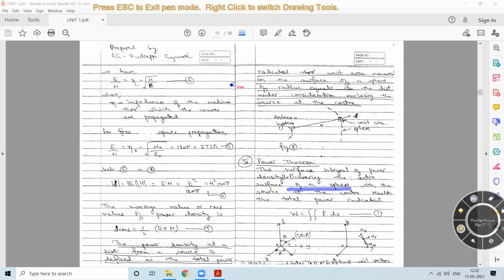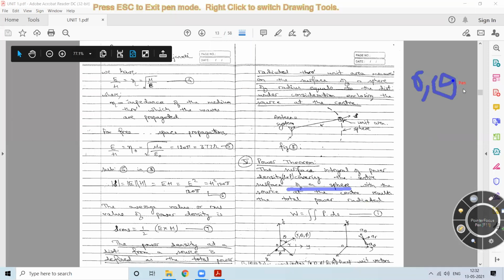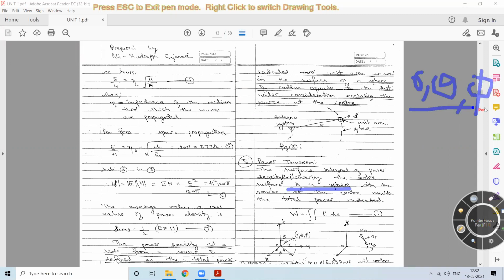Since it is in the spherical coordinate system, you have three parameters: r, theta, and phi. We had discussed the ranges of these coordinates. r is in the range of 0 to infinity, theta is in the range of 0 to pi, and phi is in the range of 0 to 2 pi.